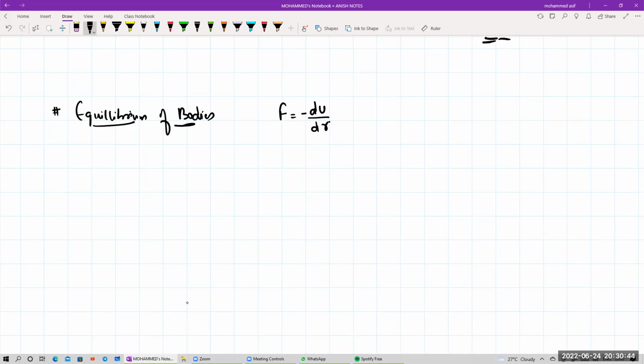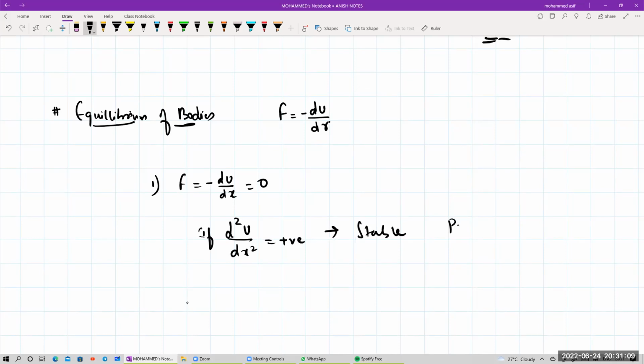To decide whether the equilibrium is stable, unstable or neutral, we write F is equal to minus dU by dx, if it is along the x-axis, must be equal to 0. Then do the double differentiation. If d square U by dx square comes out positive, then it represents a stable equilibrium. That means potential energy is minimum.